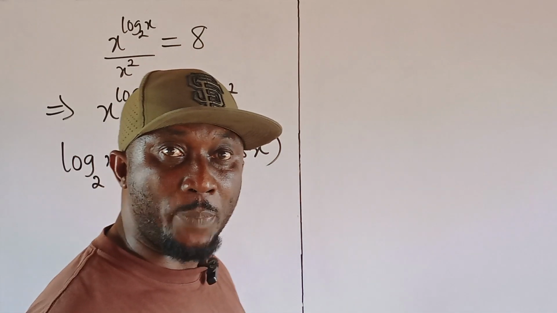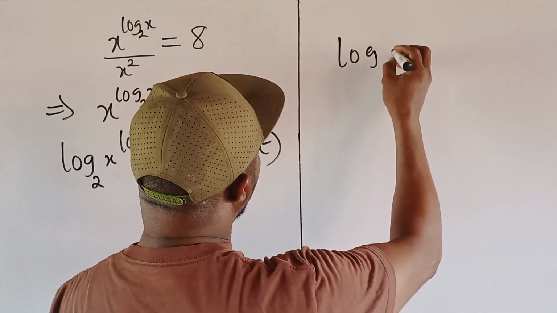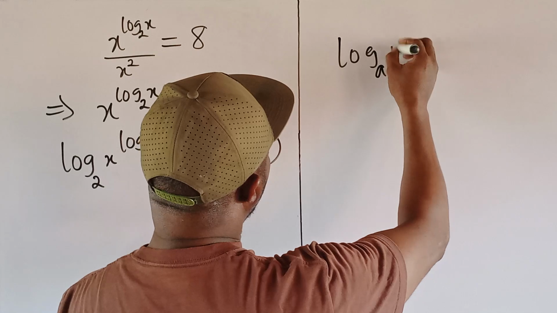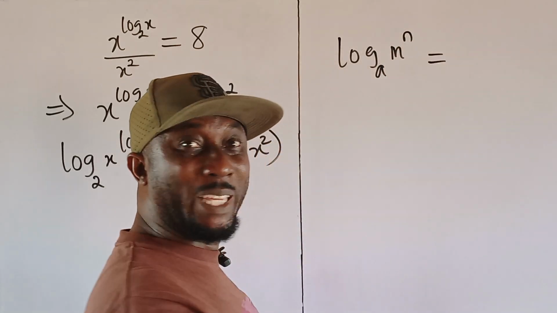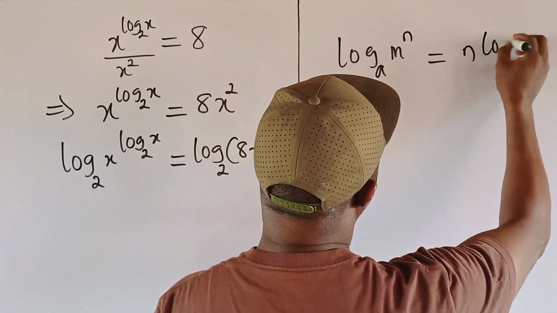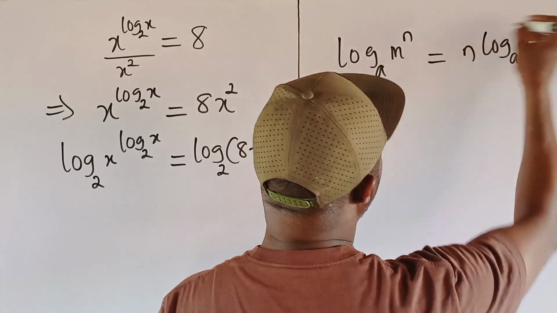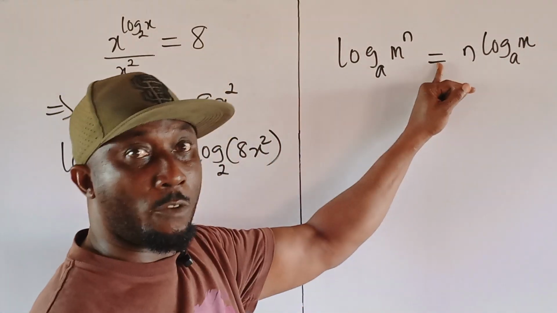We shall then involve the power rule of logarithm. If I have log to the base of a of the argument m raised to the power of n, it can become a multiplier. So we are going to be having n log to the base of a of the argument m.